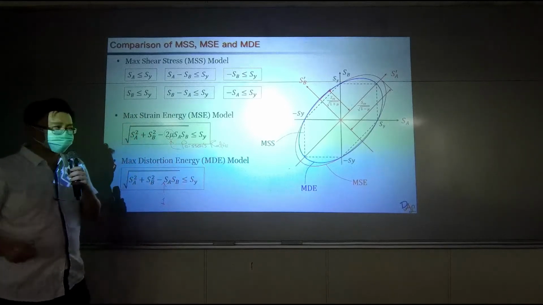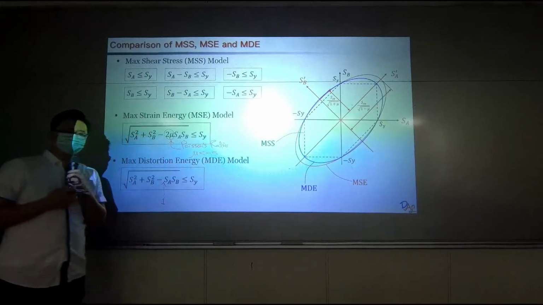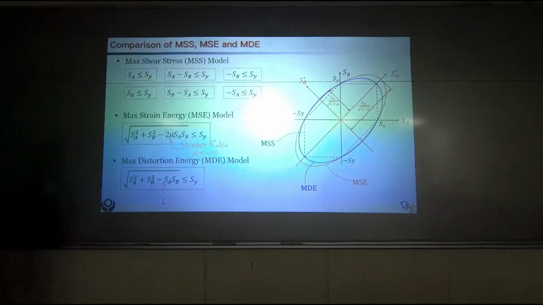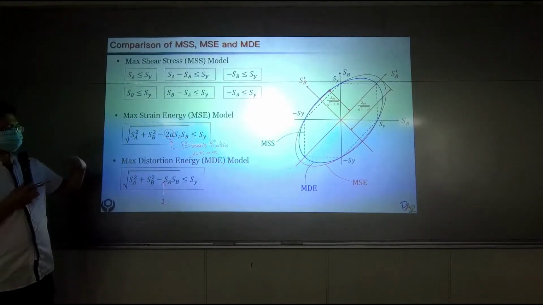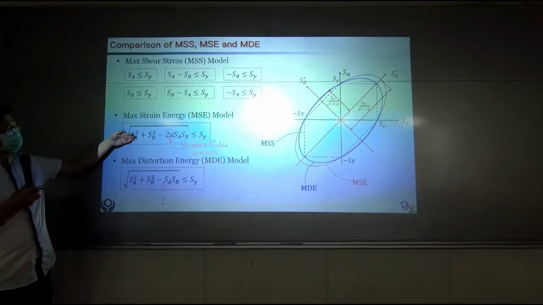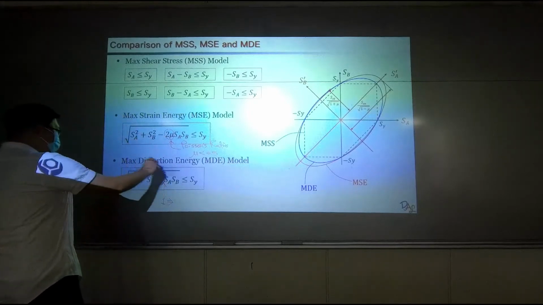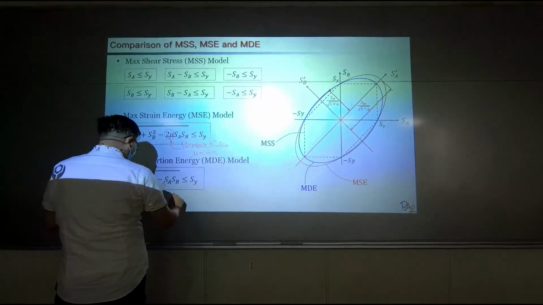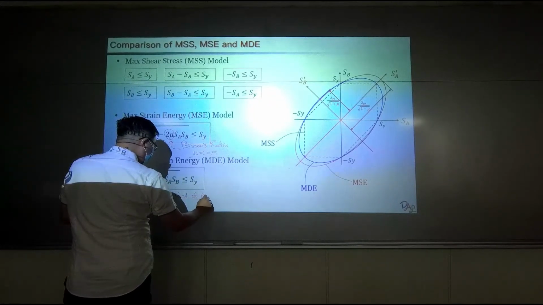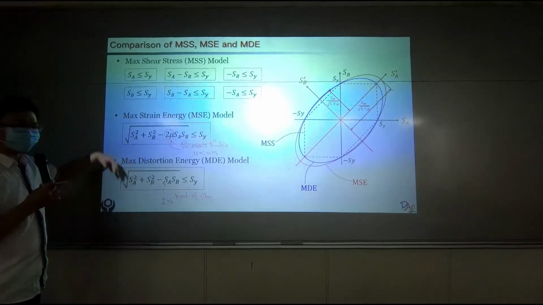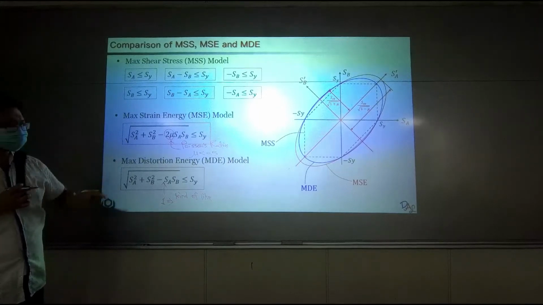for materials around the world, mu cannot be 0.5. It's usually less than 0.5. So when you have 1 right here, and you compare to maximum strain energy, it seems like this model, kind of like, I use kind of like because they are not the same, but you can use it to kind of memorize what's going on.